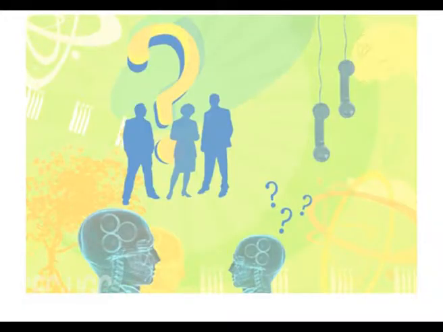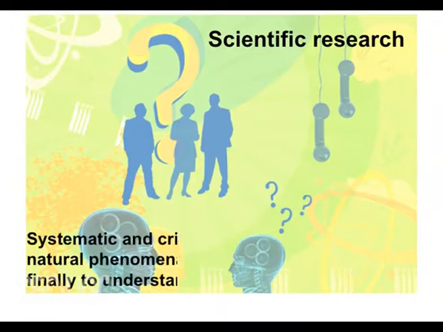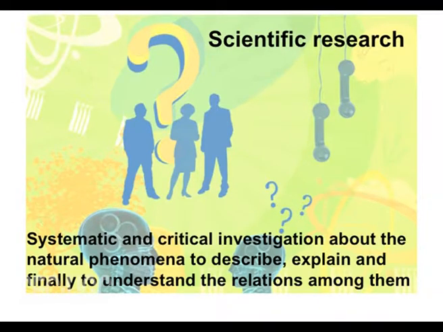Since research is systematic, we can call it scientific, and may define scientific research as a systematic and critical investigation about the natural phenomena to describe, explain and finally to understand the relations among them.